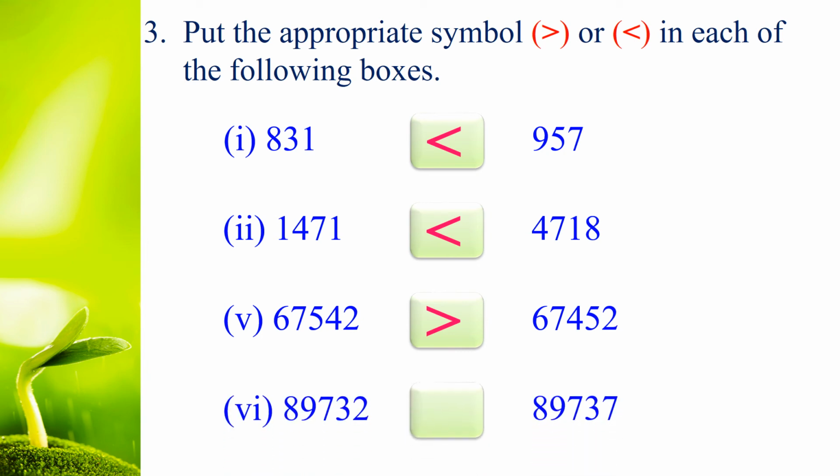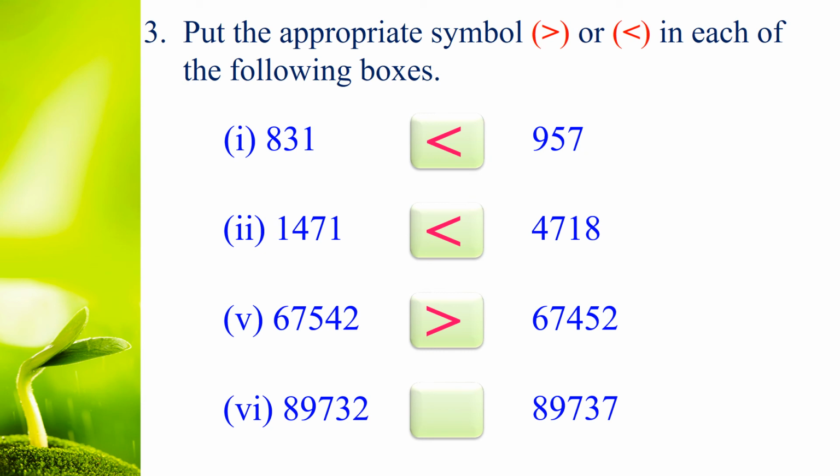Next one, 89,732. Next one, 89,737. So now here both numbers have the same number of digits and the first four places are the same value.